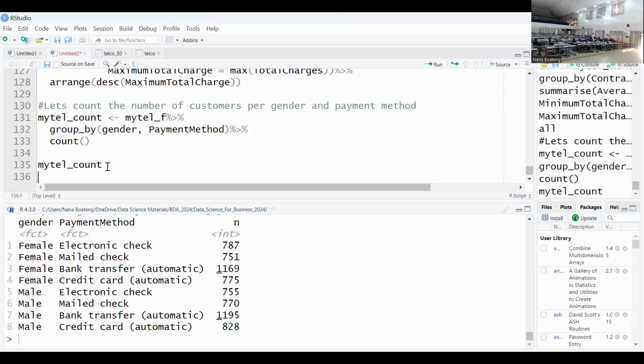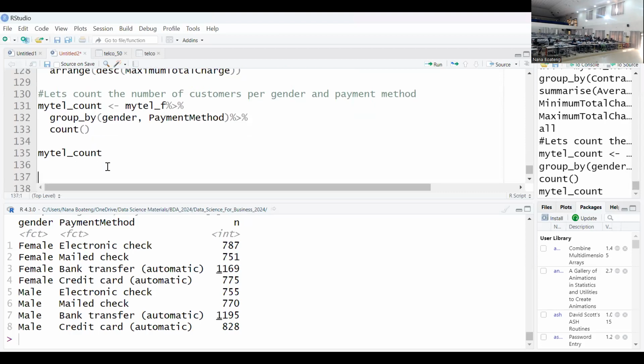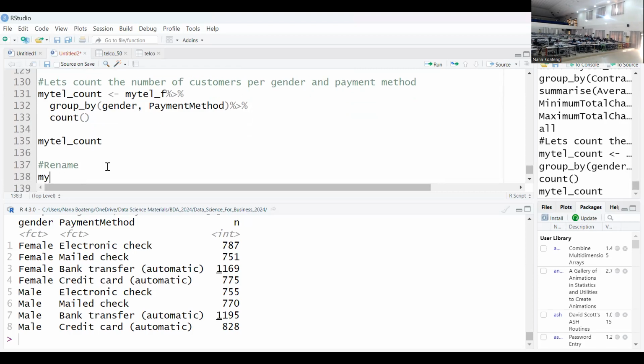First of all, we have named this mytel count. So we can take this mytel count, we want to rename, so let's just copy this.